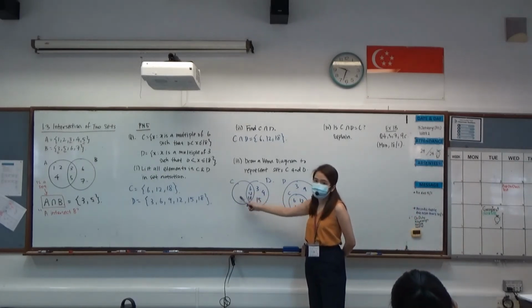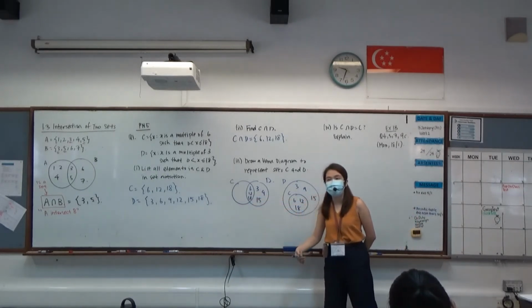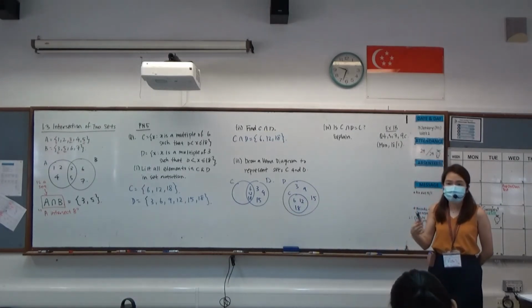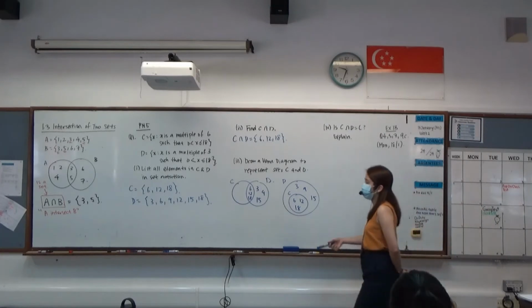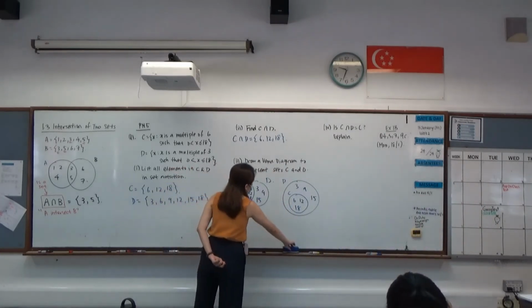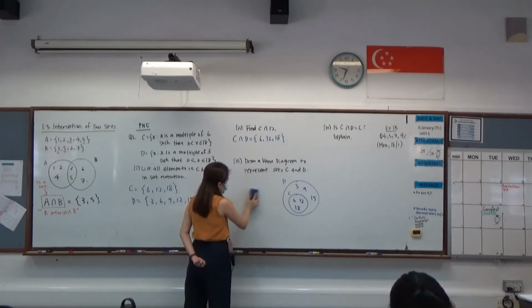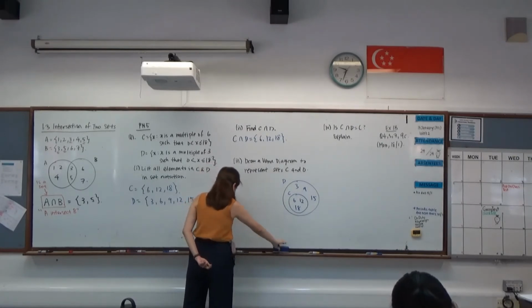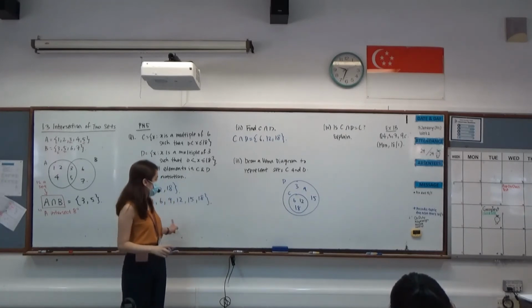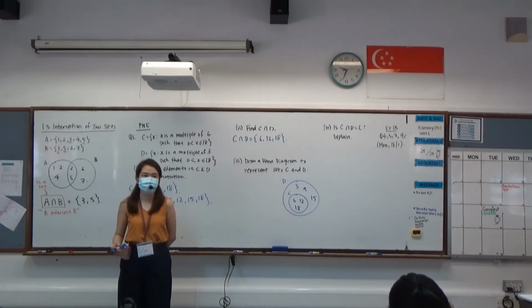If we know that this is already empty, then we shouldn't be providing a space over there. It only misleads readers to think that there would actually be elements. So we don't want to mislead readers, right? That's why we will draw it in this manner. So actually, we can see that C is a proper subset of D.